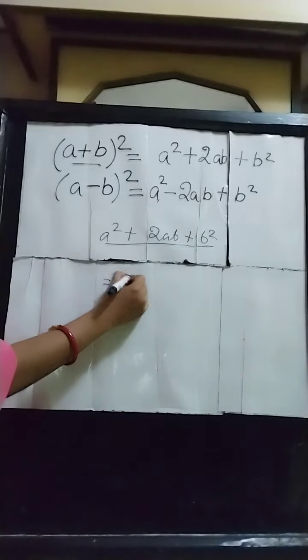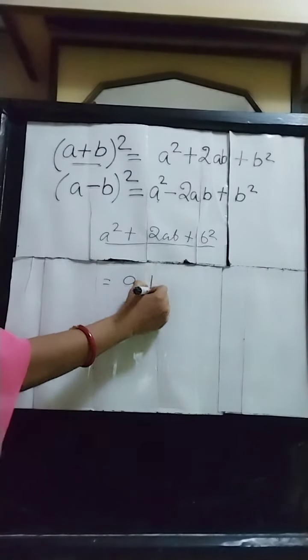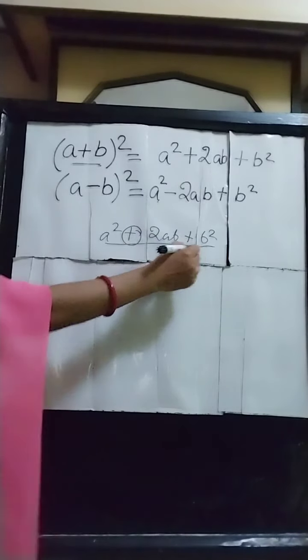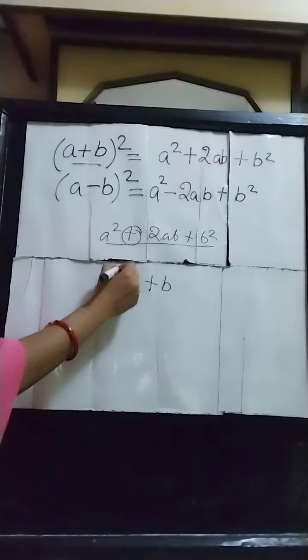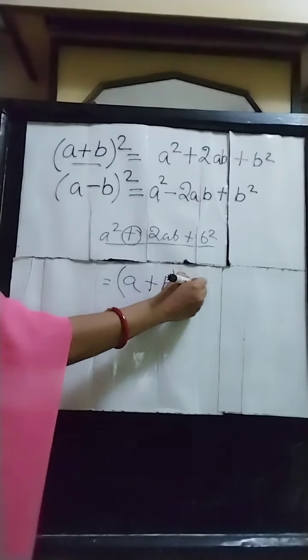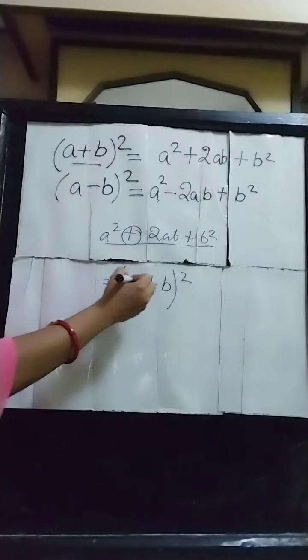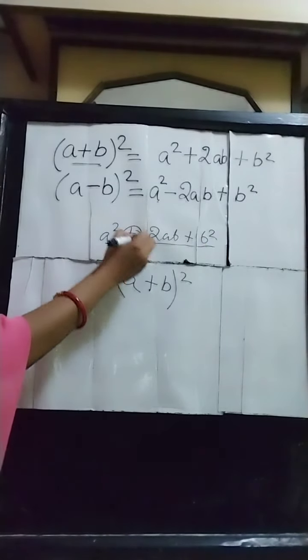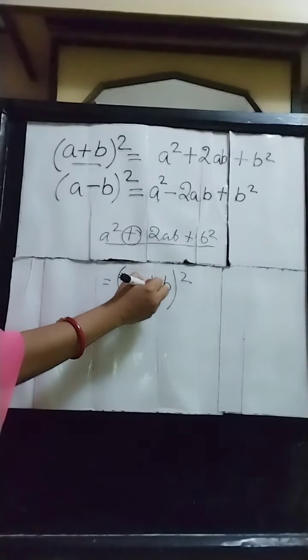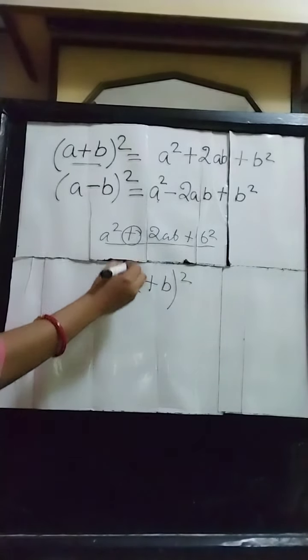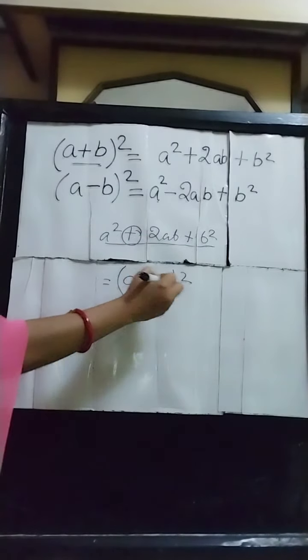We generally write this one, that is a, and the second term, that is b, and from here we write the plus sign. So we can easily conclude that this is the formula of (a + b) whole square, because here the first term is a and the second term is b. So writing the first term and the second term, we can conclude that the sign will be addition. So this is the square of (a + b).